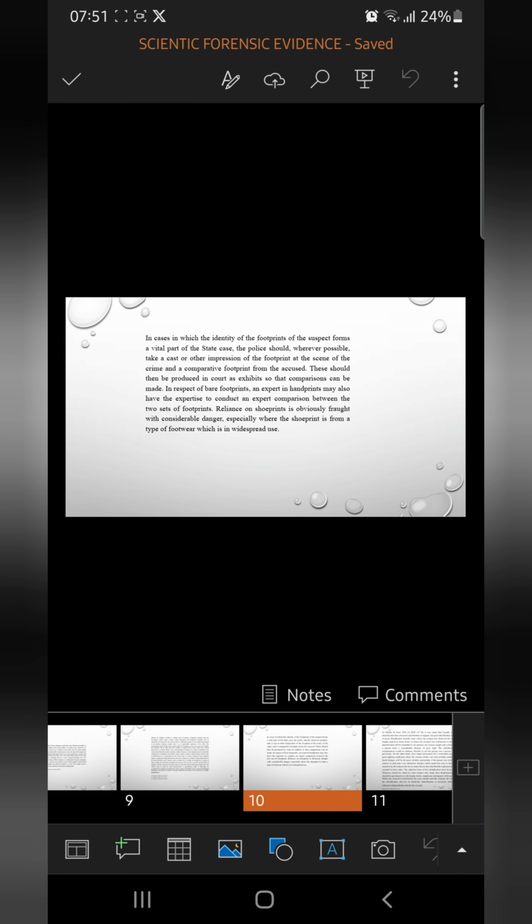In respect of bare footprints, an expert in handprints may also have the expertise to conduct an expert comparison between the two sets of footprints. Reliance on shoe prints is obviously fraught with considerable danger, especially when the shoe print is from a type of footwear which is in widespread use.